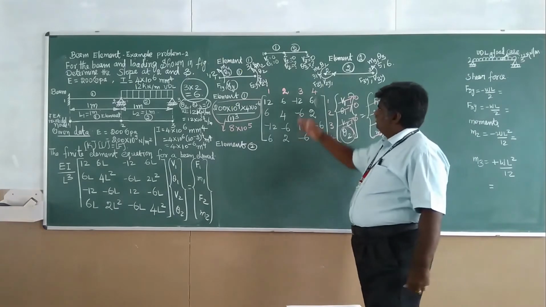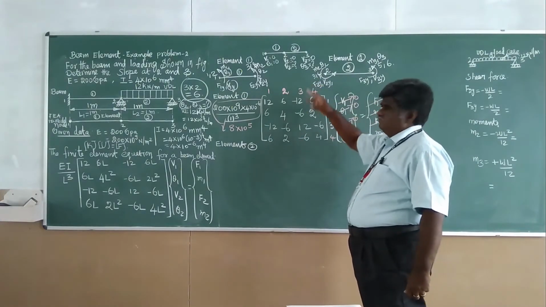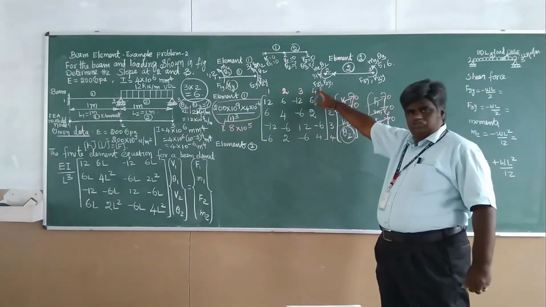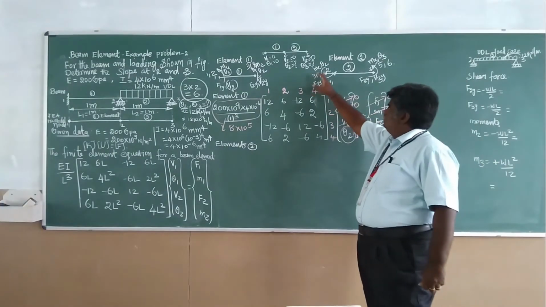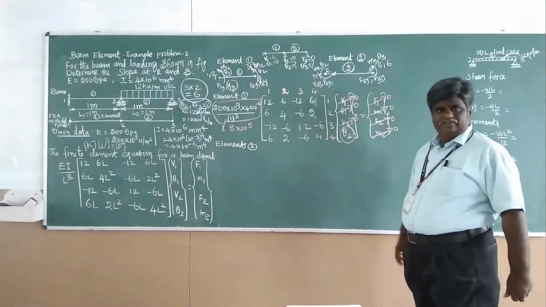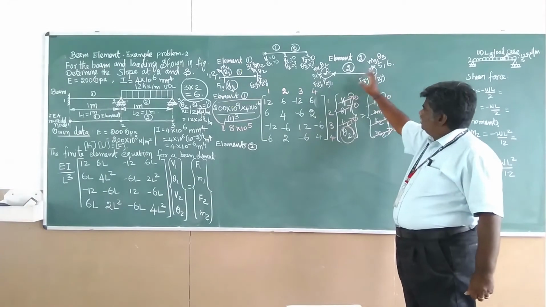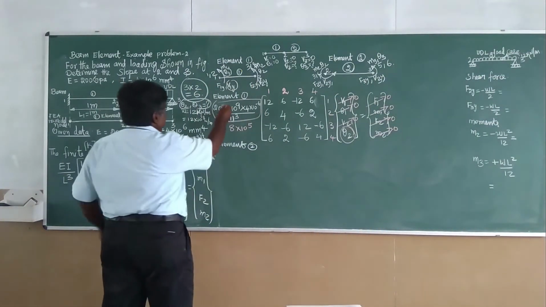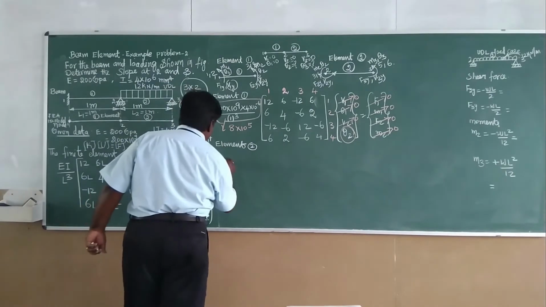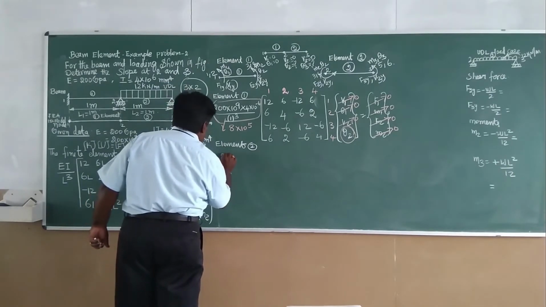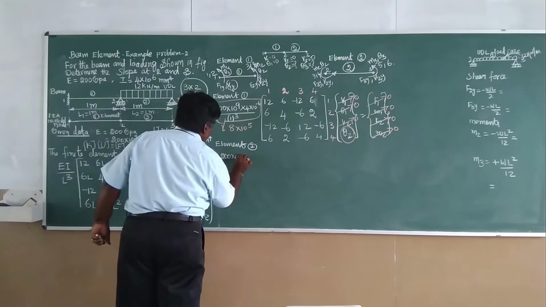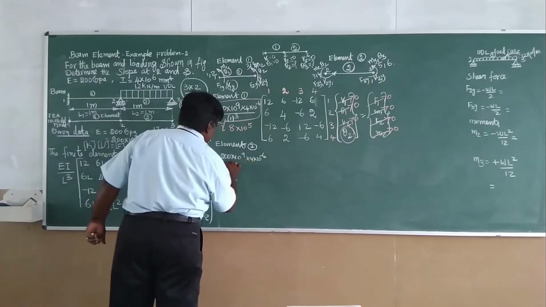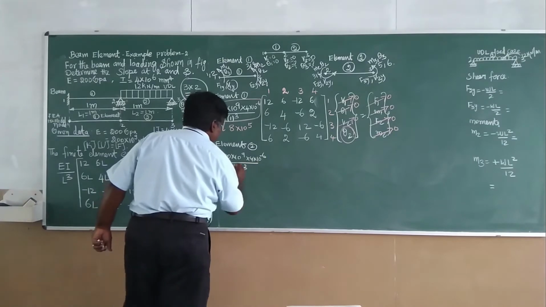Each nodal point will have a deflection and a slope, so I am giving the global numbers 3, 4 and 5, 6. The stiffness value we get is 200 into 10 power 9 into 4 into 10 power minus 6 divided by 1 cube.